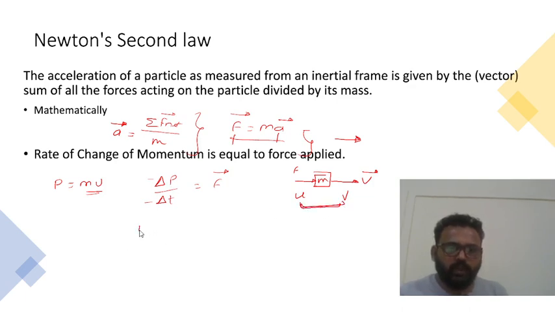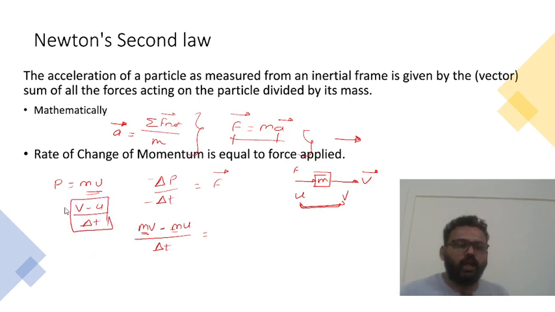So again, m into final velocity minus m into initial velocity divided by del t is equal to force. Now take the mass as constant, you will get v minus u divided by del t, which is the definition of acceleration. A rate of change of velocity is acceleration.